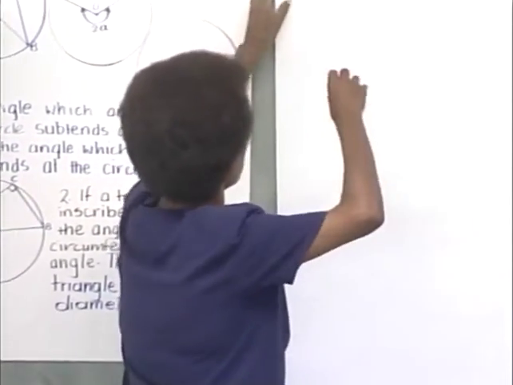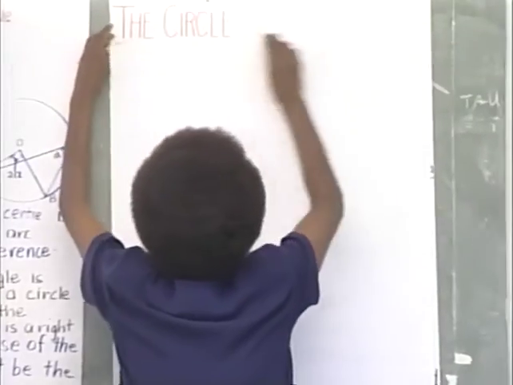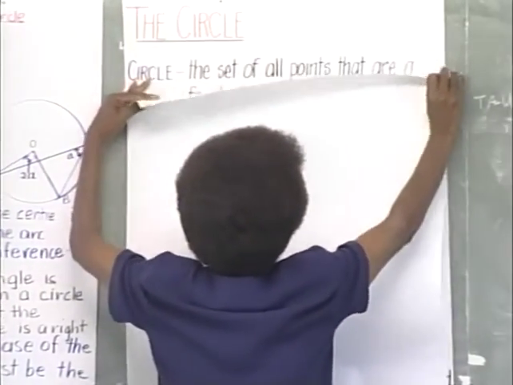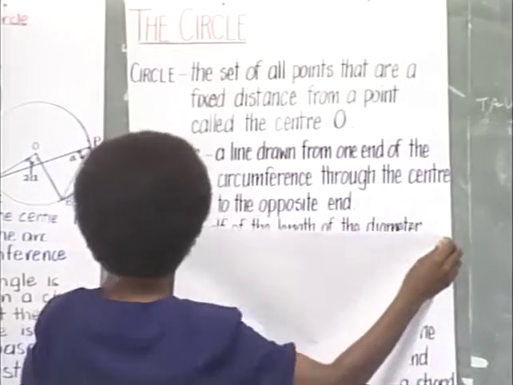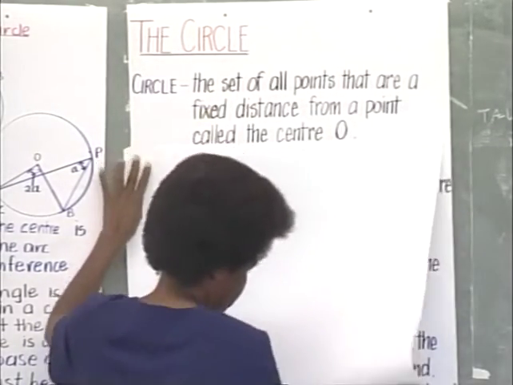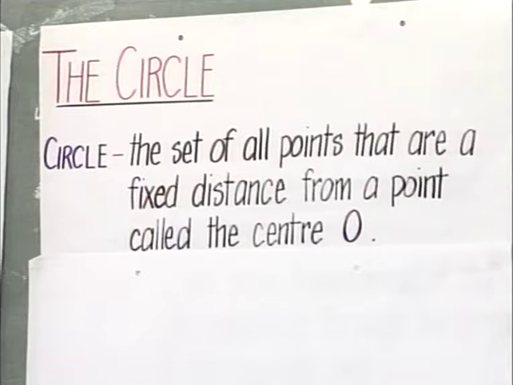Okay, on this chart I have the definitions, and you look at first the circle to check that you have that in. Alright, so that's the circle, the set of all points that are a fixed distance from a point called the center or the origin.